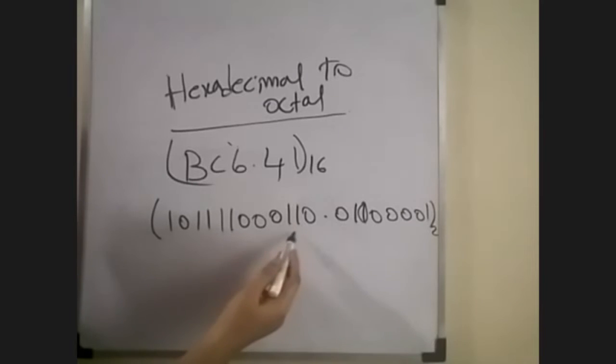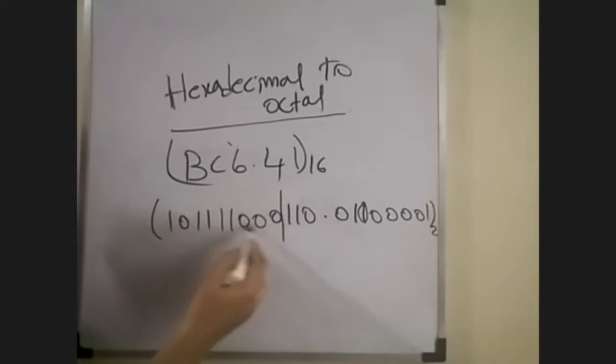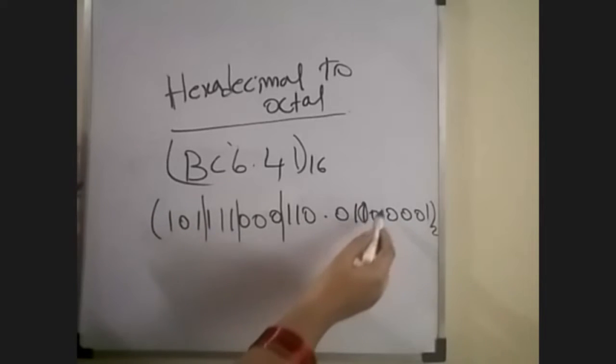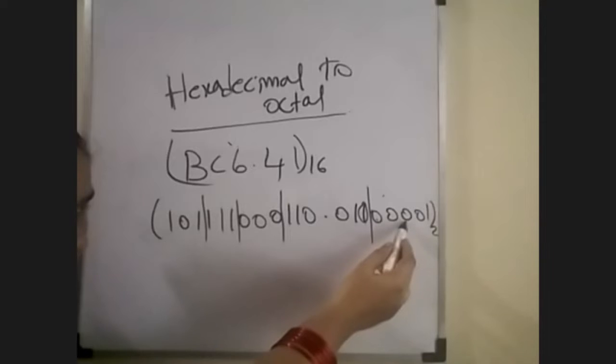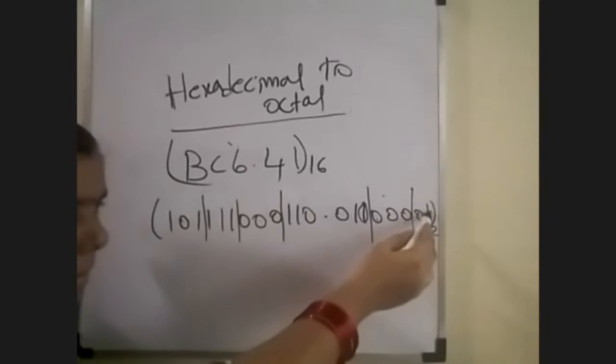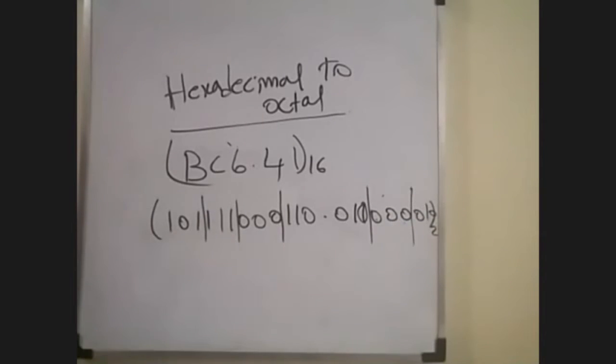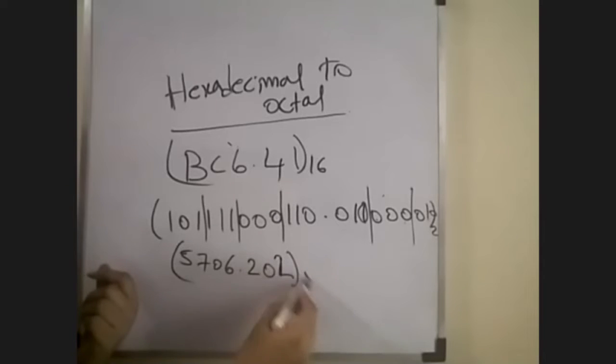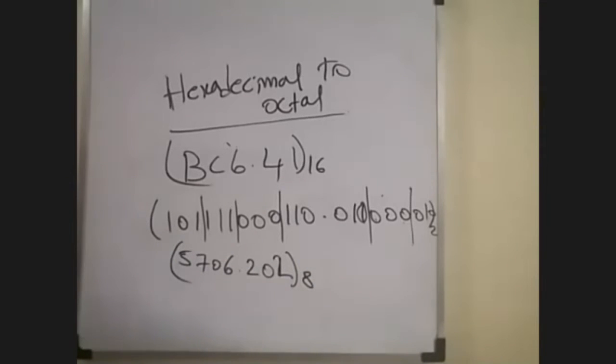You divide these into 3 bits, like this. Then what is the value? 5706.202. Yes, 2, not 0, 202. Very good. So this way we convert hexadecimal to octal.